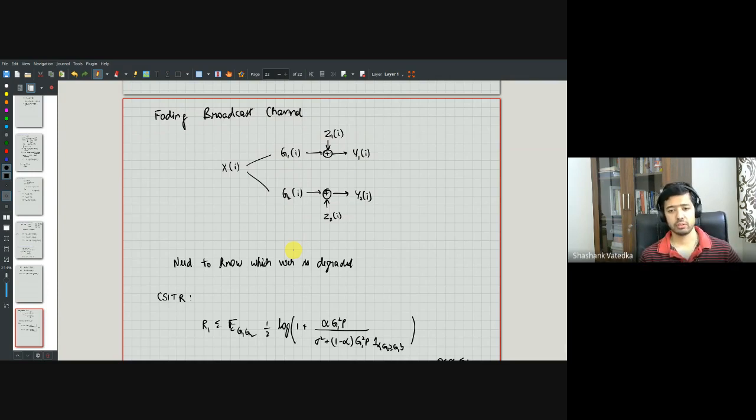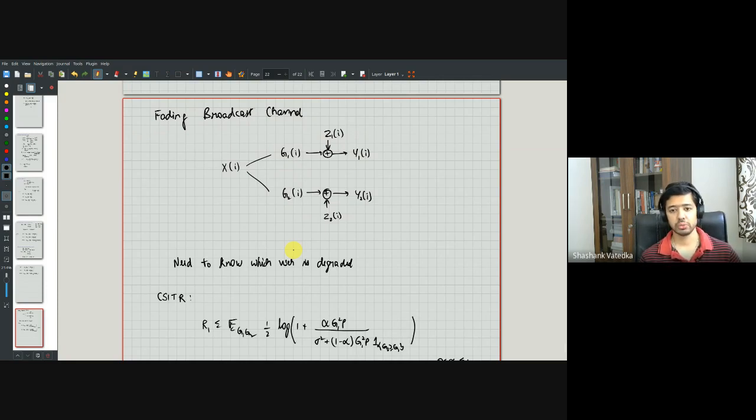One difficulty over here is that we know how to code for degraded channels, right? If you know that channel 1 is degraded with respect to channel 2, or channel 2 is degraded with respect to channel 1, then you can design a superposition code.